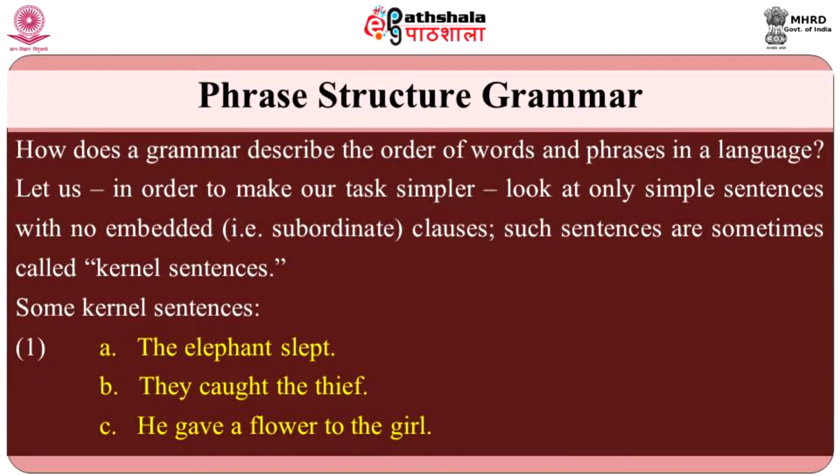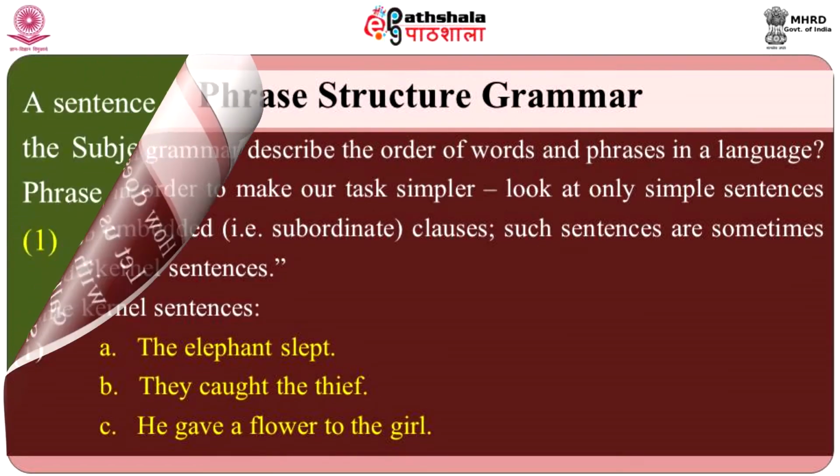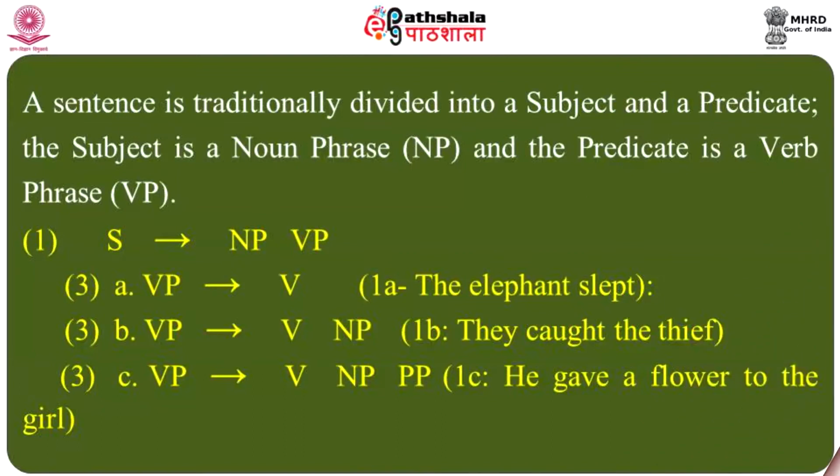Now, combining the three sentences into one rule, we can write the rule as follows. VP rewrite V followed by an optional NP followed by an optional PP. So the brackets indicate optionality.